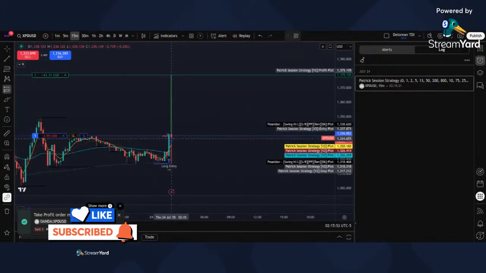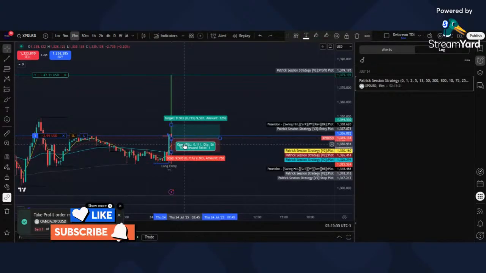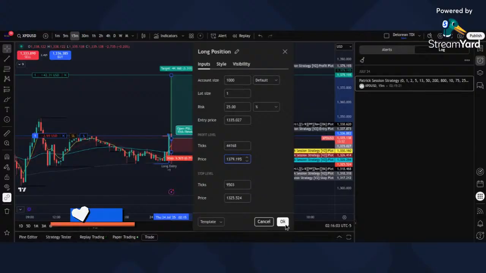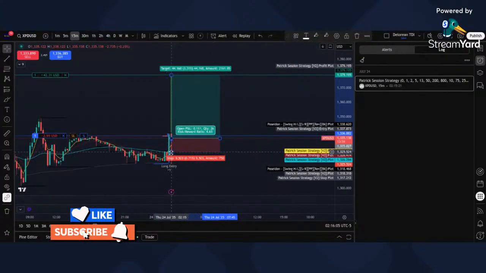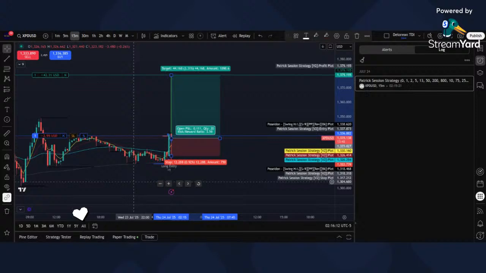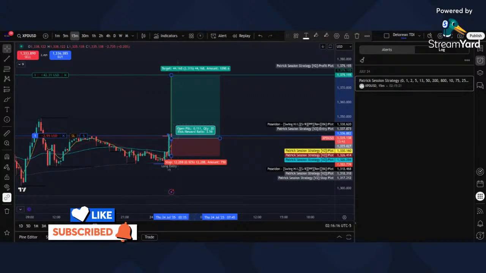This is going to be a long position from current price. Going to lengthen the stop a little bit. We'll take that trade. Let's go ahead and drop in these parameters.